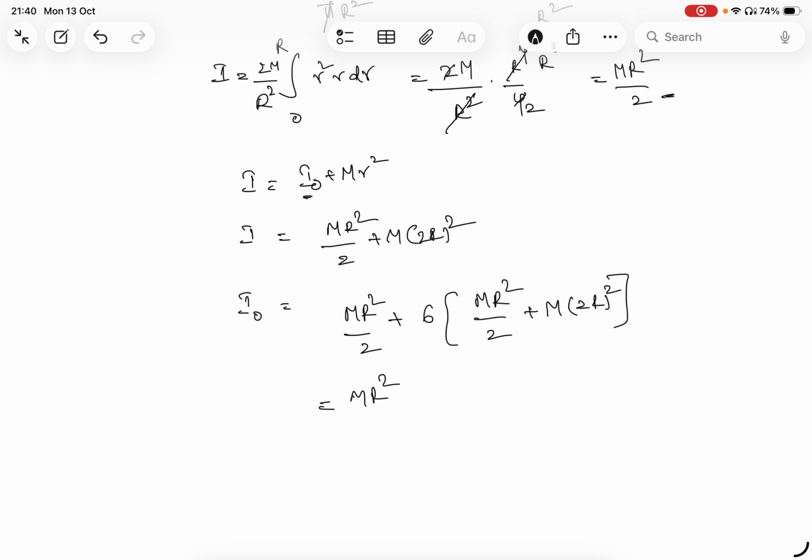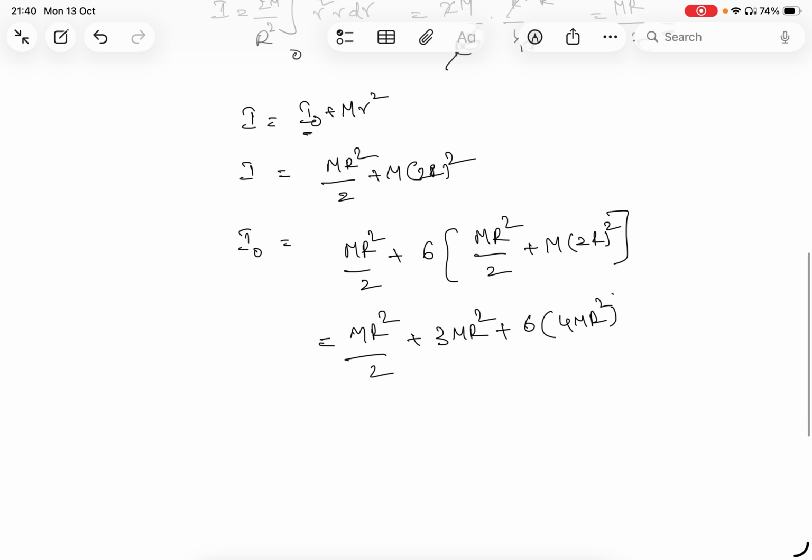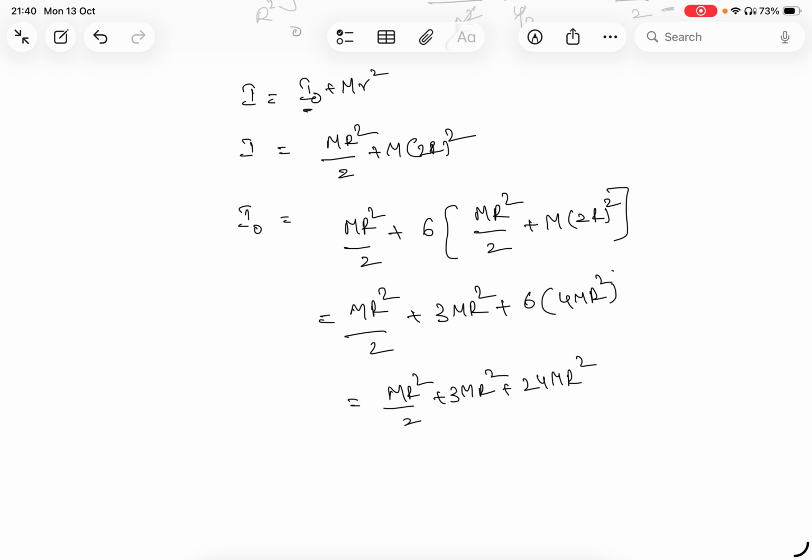This is m r square by 2 plus 6 into 4 m r square, which is 24 m r square, so m r square by 2 plus 3 m r square plus 24 m r square, which is equal to 55 by 2 m r square.